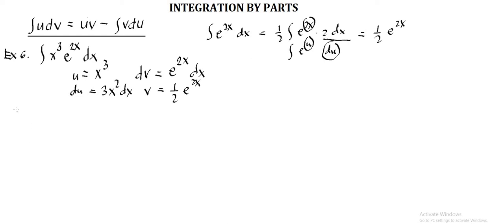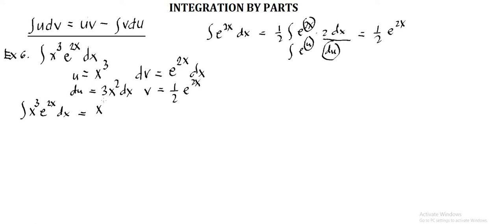So integral of x cubed e to the 2x dx, following the formula u times v minus integral of v du, we will have x cubed times 1/2.